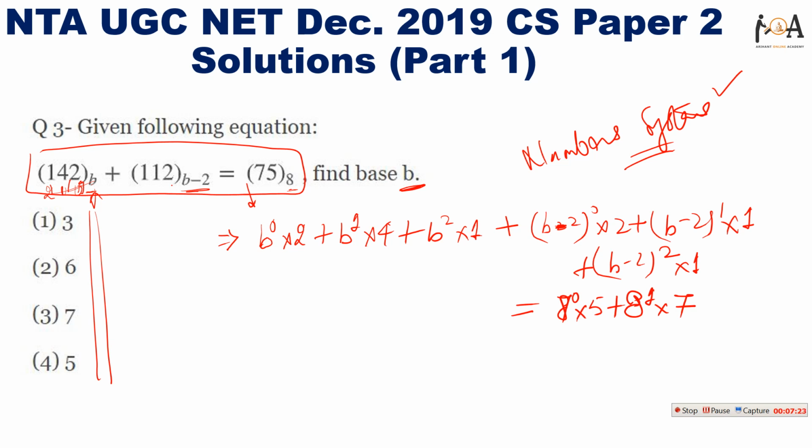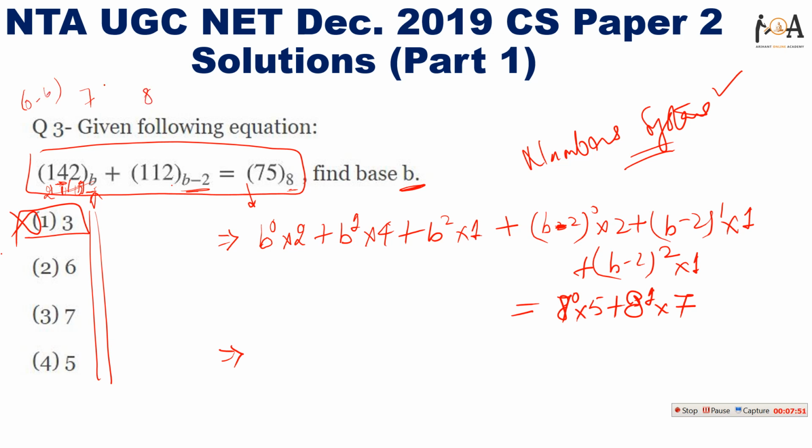Before balancing this equation I want to mention one important point: option A cannot be the answer, so you can directly eliminate it. Why? Because if the base is 3, then how can the digit 4 be there? If the base is 7, all digits should be between 0 to 6.